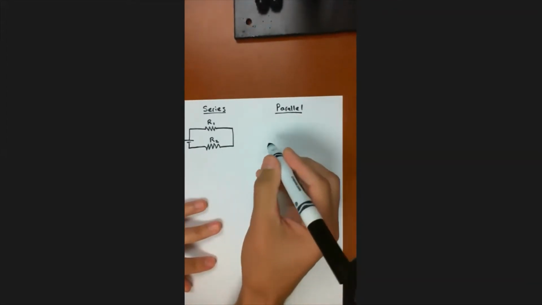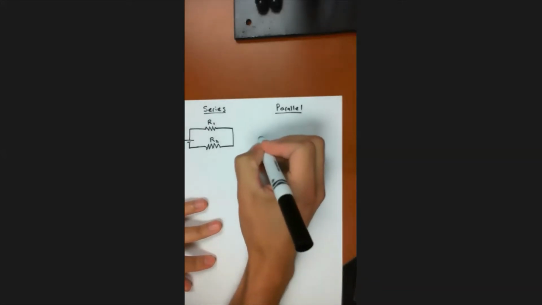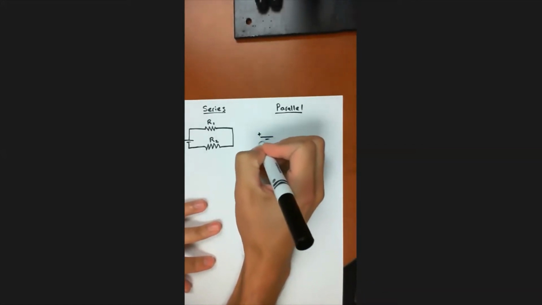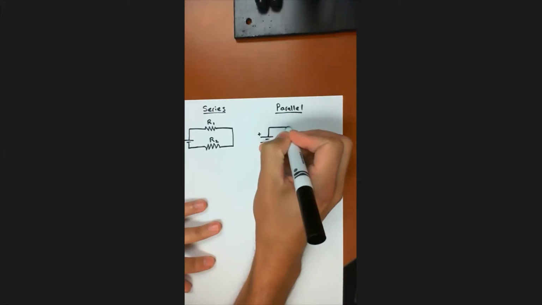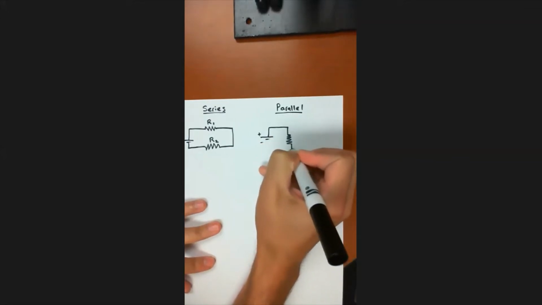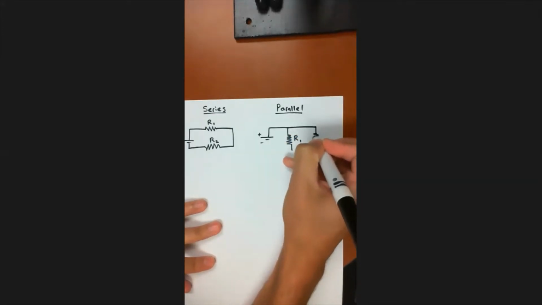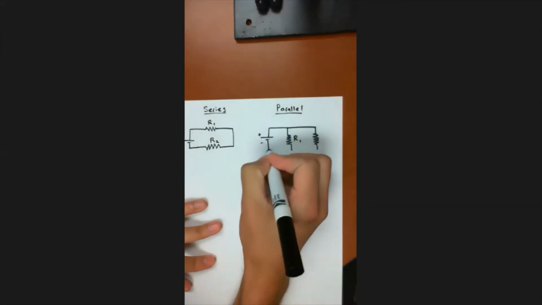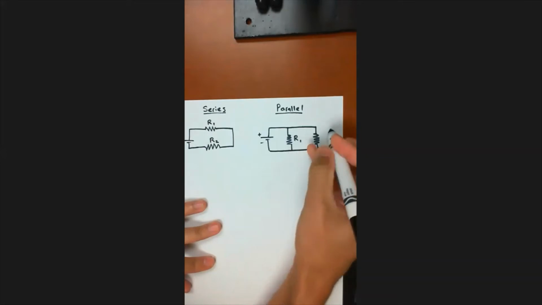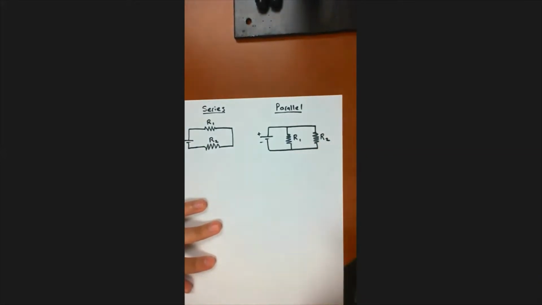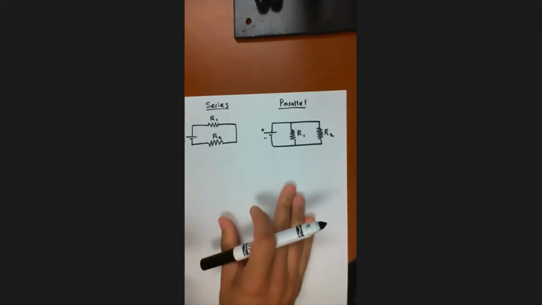So we'll just leave it like that for right now. And then here's our parallel circuit. And likewise, it doesn't even matter what the values of R1 and R2 are.